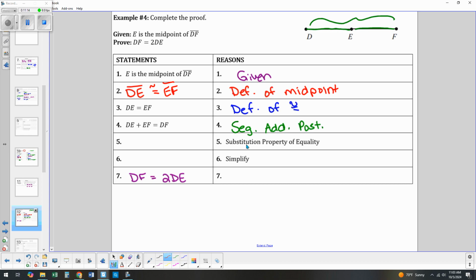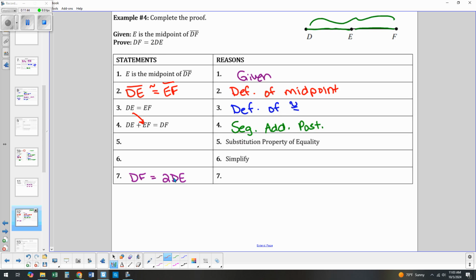So now it tells us we're going to use substitution. If I look at what I already have in my proof, I have an equation where DE plus EF is DF. And I know that DE and EF are the same thing, so I can replace one with the other. I'm going to replace this EF with the DE that it's equivalent to. I'm choosing to replace EF because I want DE in my answer.